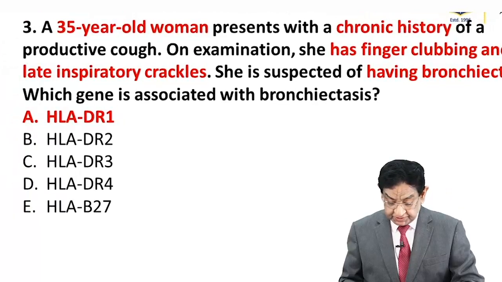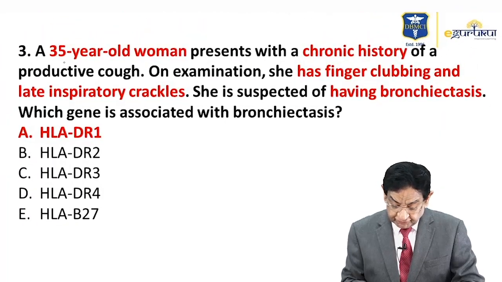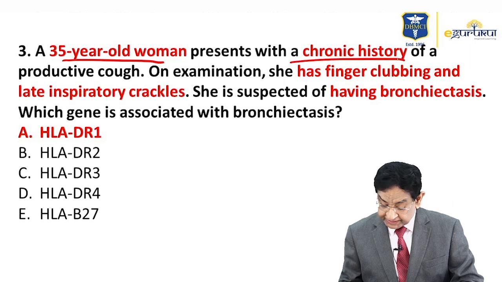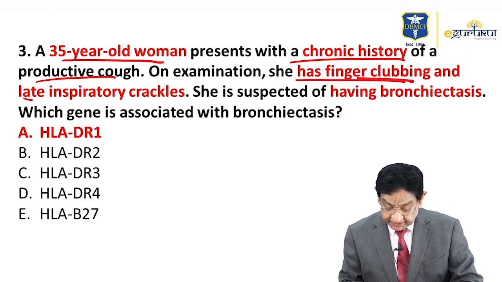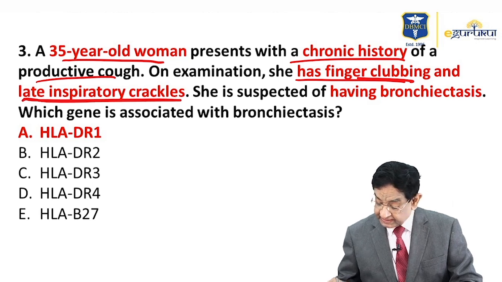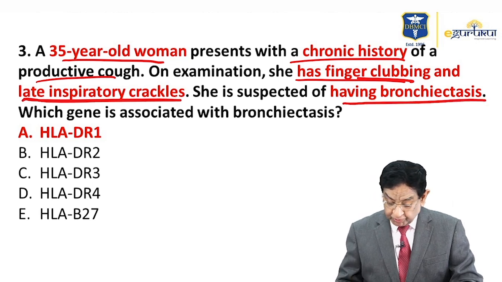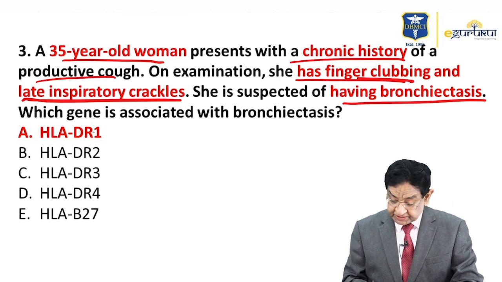Lovely question. A 35-year-old woman with chronic history of productive cough, finger clubbing, late inspiratory crackles. You suspect bronchiectasis. Which gene is involved?